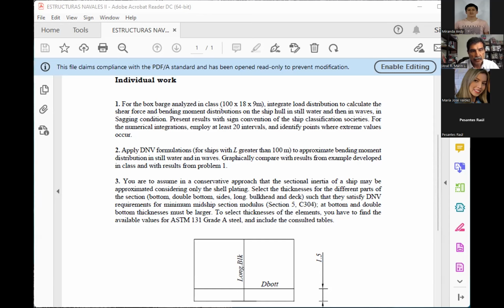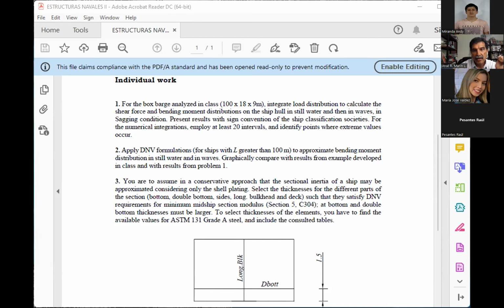So you have the weight distribution. For the buoyancy, you have to calculate mean draft and trim angle. And from that point, you can go on and do the integrations. At least try to use 20 intervals, right? Because otherwise, as Ms. Santos pointed out, the curve for the bending moment is not going to close.